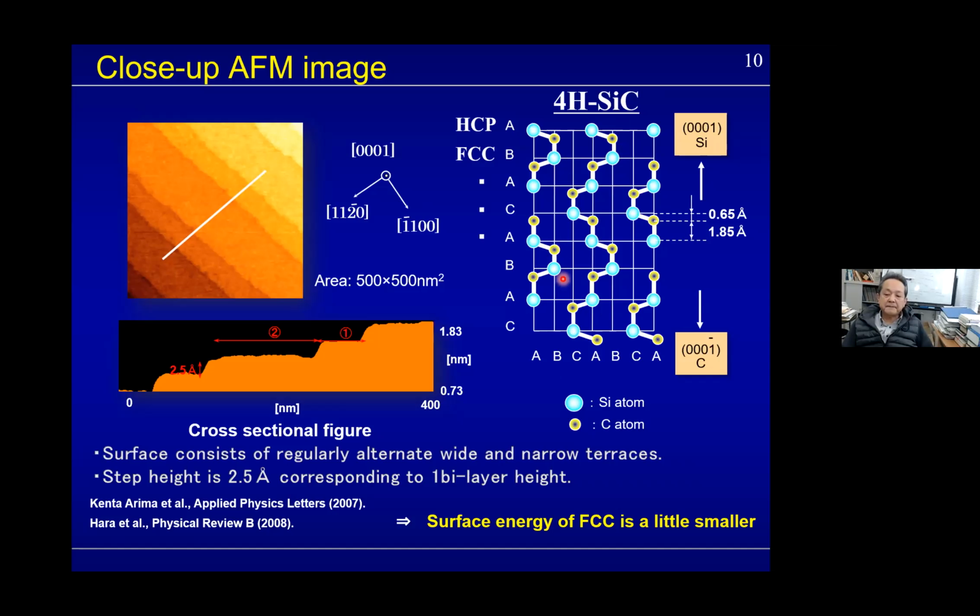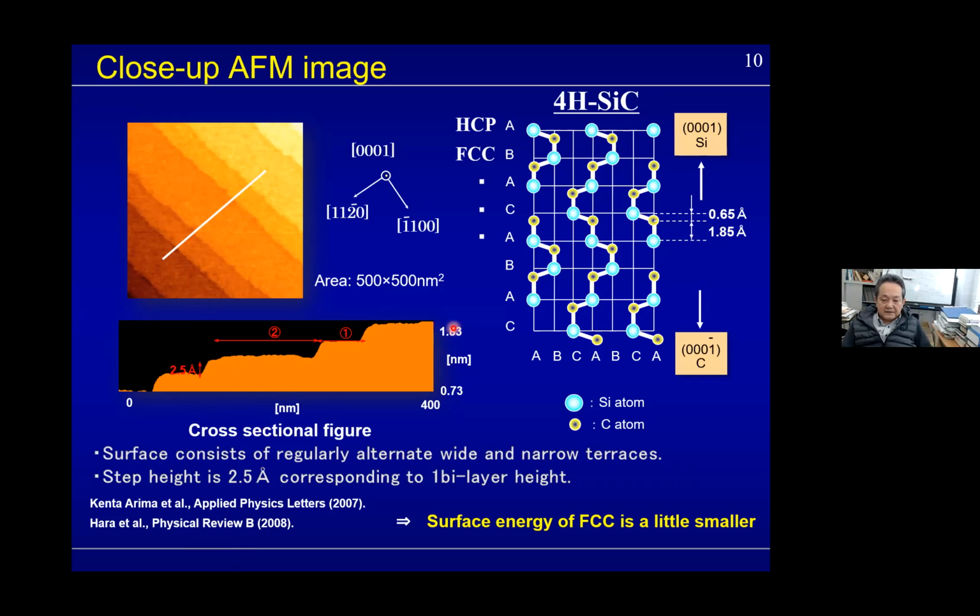And this is the line profile along this white line. As you can see, the step height is 2.5 angstrom, which relates to this height. So this is a one bilayer step height, a kind of perfect structure.